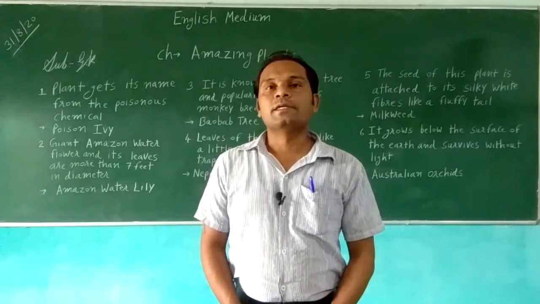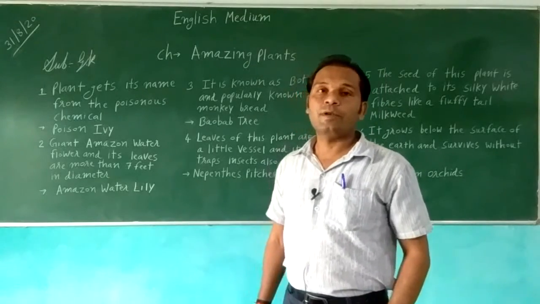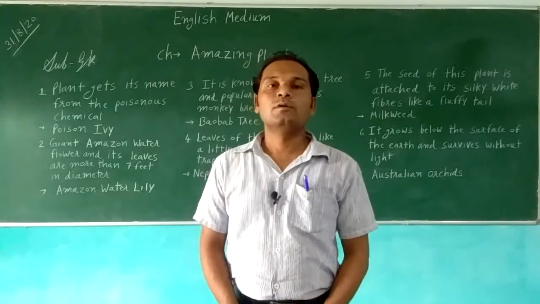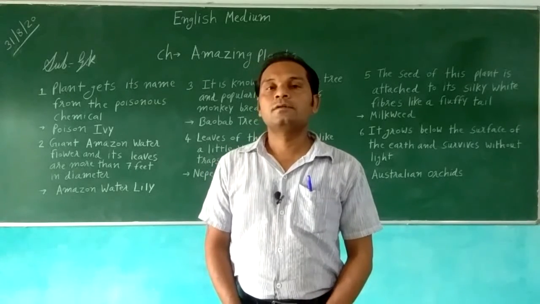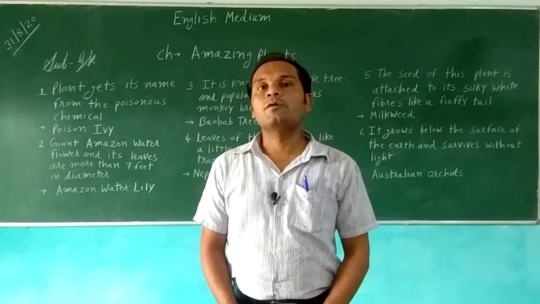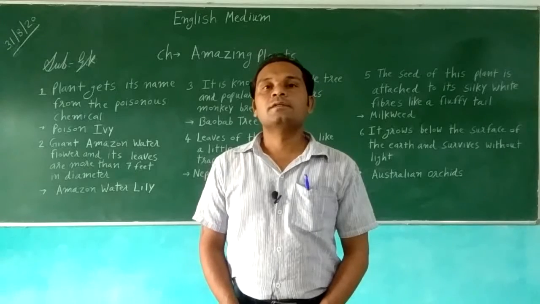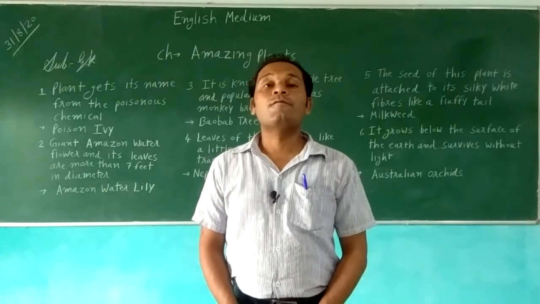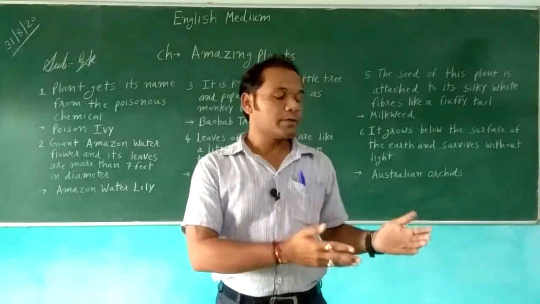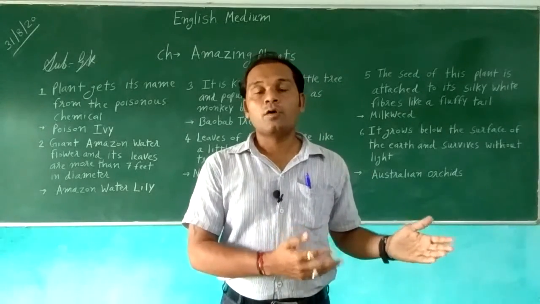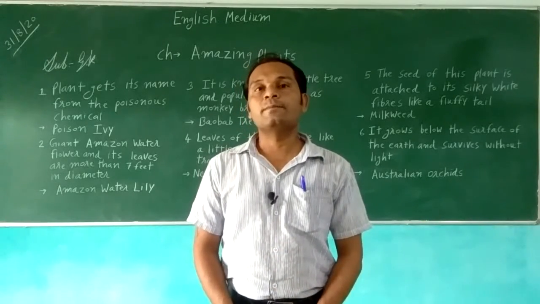Okay, then let's begin subject GK and chapter Emerging Plant from our book. So definitely we'll talk about different kinds of plants. You know well that there is a variety of plants in India. Some plants are different in hot temperature, some in cold temperature.